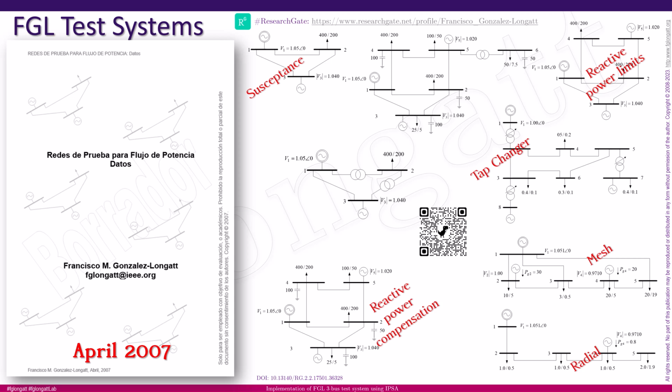For instance, you want to know the actual values of the admittance bus matrix, or you want to see the step-by-step solution of the load flow, for instance, the calculation for each iteration. So at that moment, I realized, let me start to create my own test systems. I will double check every single intermediate calculation, and I will be able to compare the numerical results of my software with those systems.